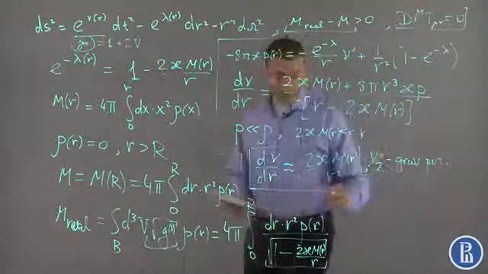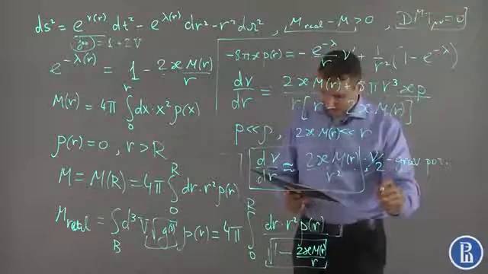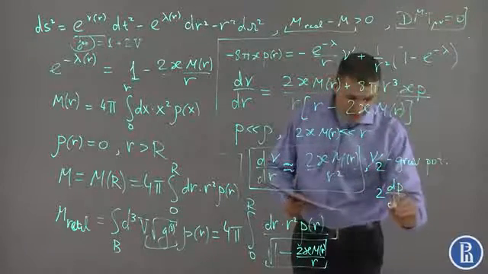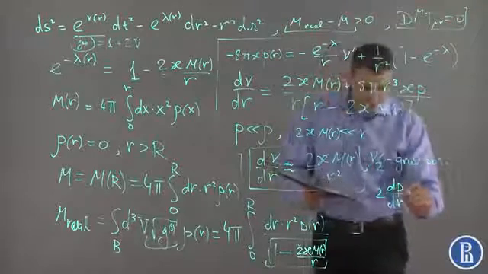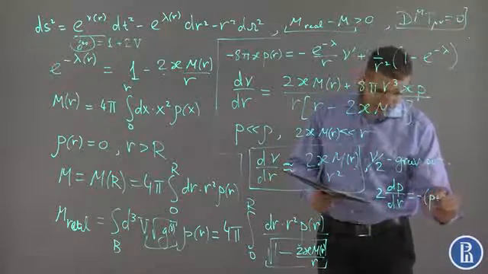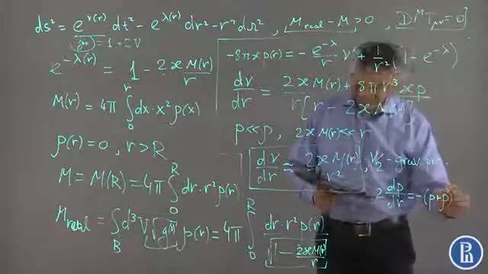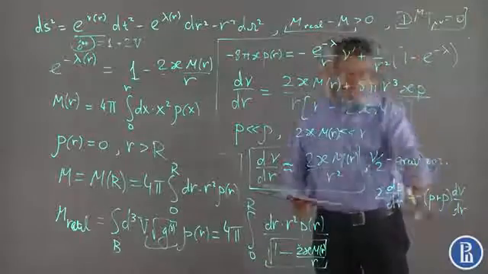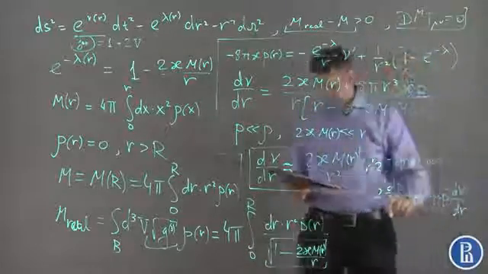It has this form: 2 dp/dr is equal to −(p + ρ) dν/dr. So this equation follows from this one.